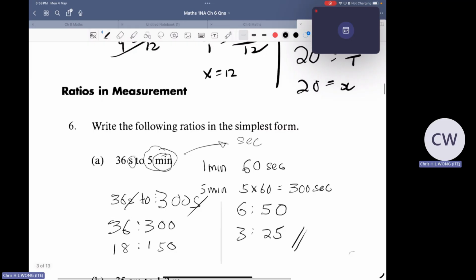Still copying. It's not difficult. This is just an example of changing different units to the same unit. You got to convert.